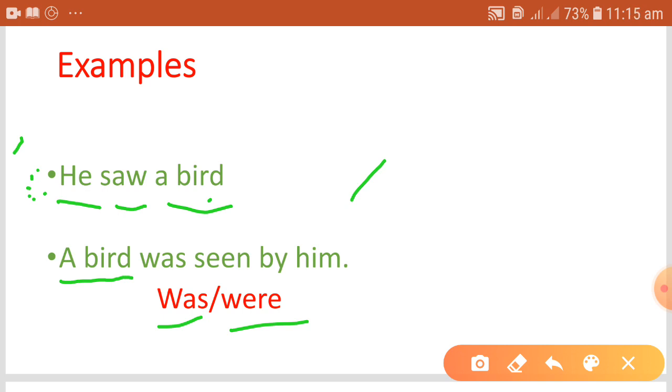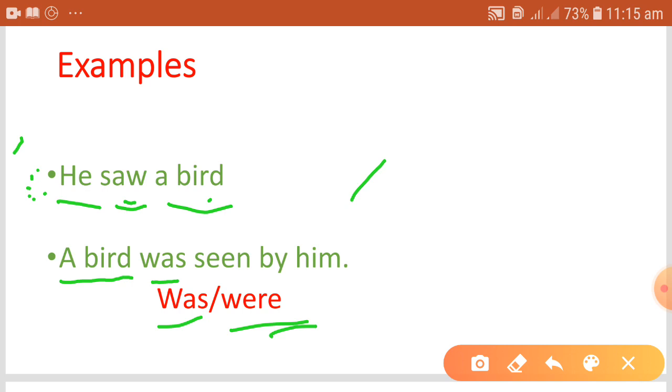Second, the tense, as we say that tense is past tense, so we have chosen the supporting verb was. Why didn't we choose were? Because the subject is singular, so we choose was. If the subject is plural, we choose were.